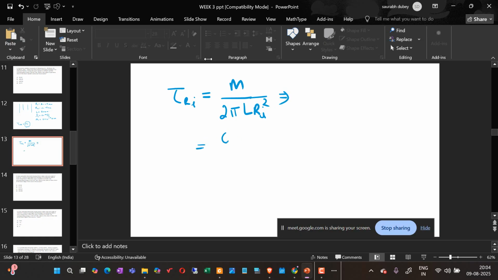This will give you 60 into 10 to the power minus 4 by 2 into 3.14 multiplied by 80 into 10 to the power minus 3 multiplied by 20.04 into 10 to the power minus 3 squared.